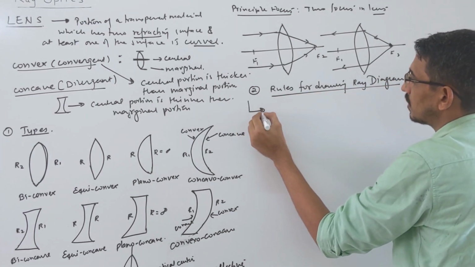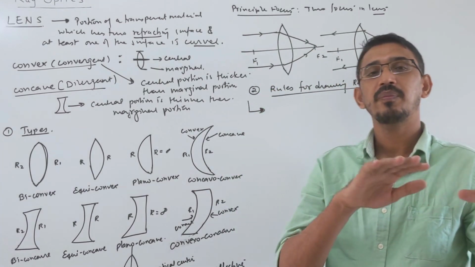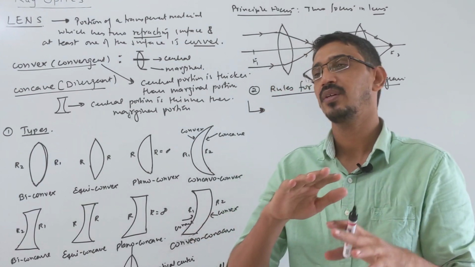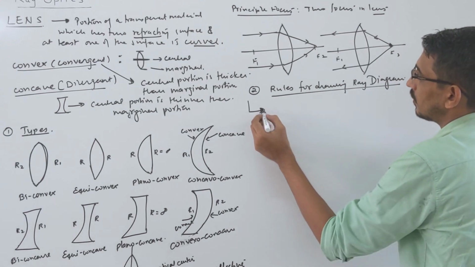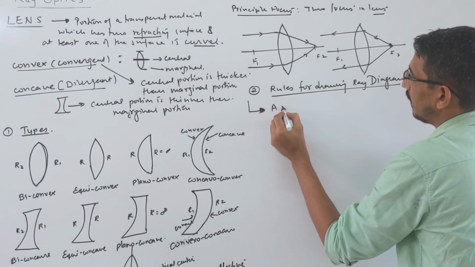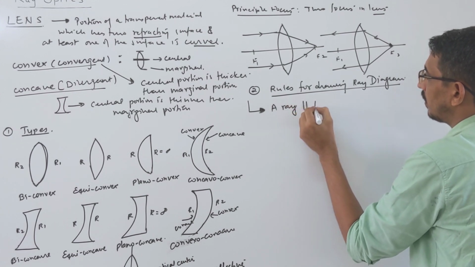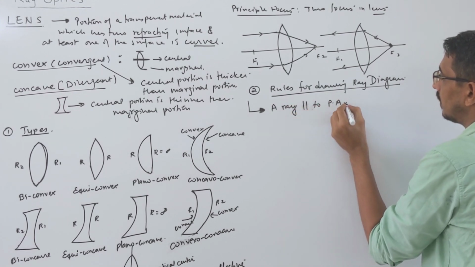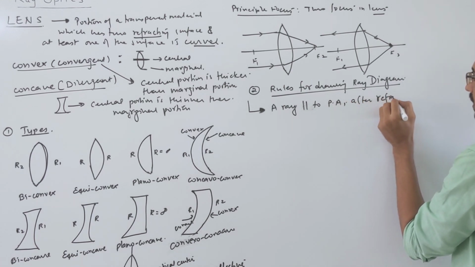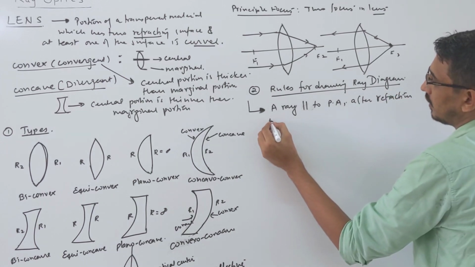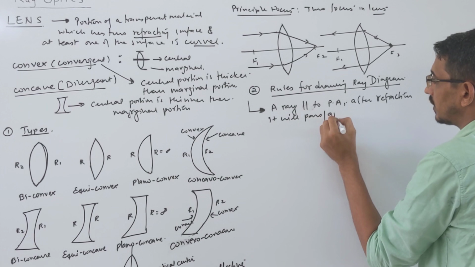What rules do you have to follow? Exactly the same rules, almost, as what you have learned in mirror. What you have learned in mirror is that a ray coming parallel to the principal axis, after refraction will pass through the focus. Exactly the same rule here also. What rule? A ray parallel to the principal axis, after refraction (here refraction is happening, not reflection) will pass or appear to pass through the focus.